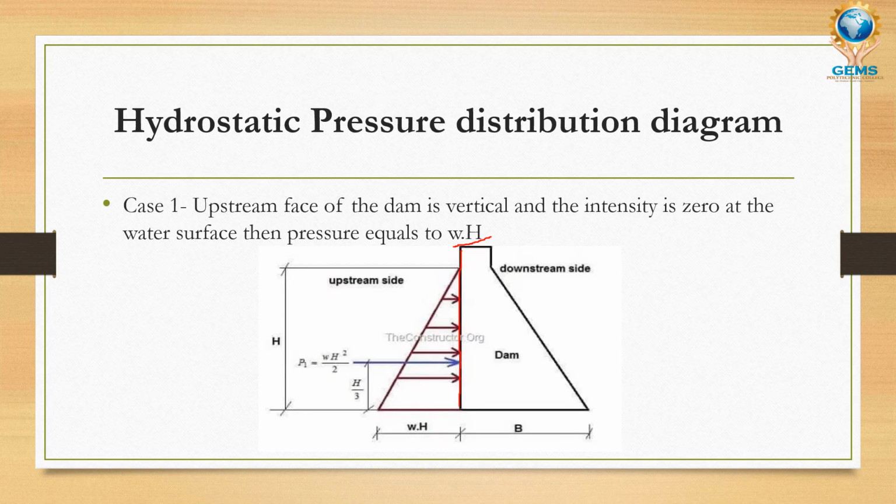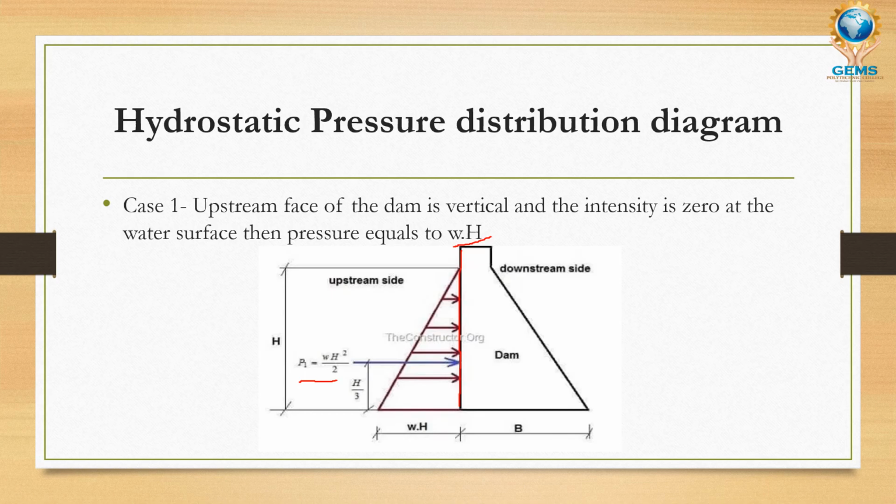Then you can see this pressure value P1 is equal to wH squared by 2, acting at a height of H by 3. Here w into H is at the base portion of the dam. I am going to explain what this is and how the pressure P1 comes about.